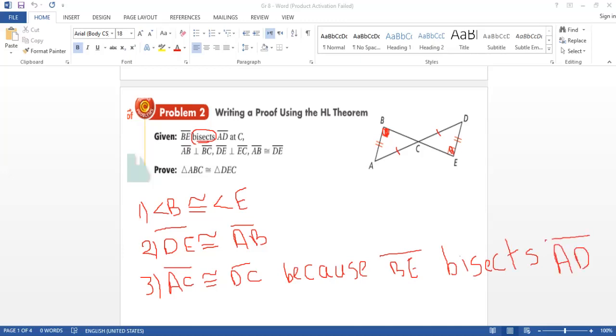Since BE bisects AD, that means AC is congruent to CD. So we have the three conditions now complete.